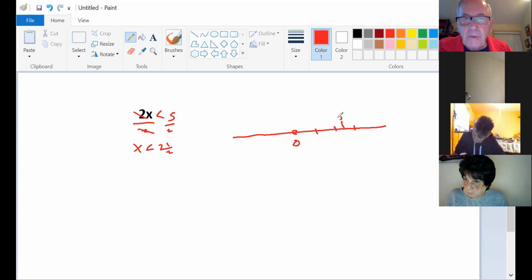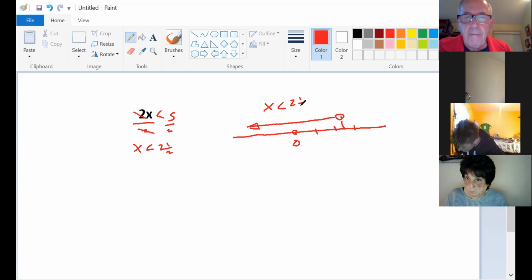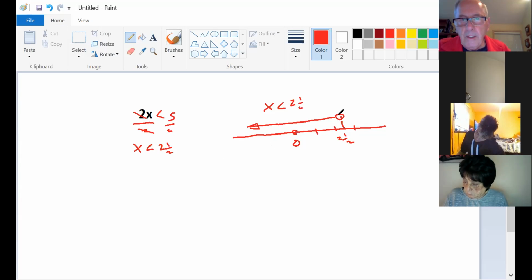It's less than, so it's an open circle, and this thing goes like this. That's how you would define that. Questions on that? You see what I'm doing? It's an open circle because it's not equal to. I'll do another one, okay?